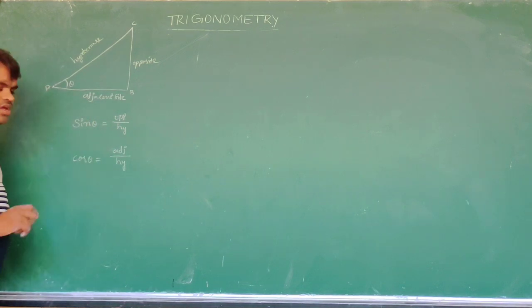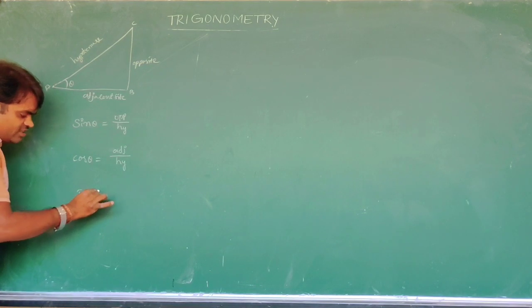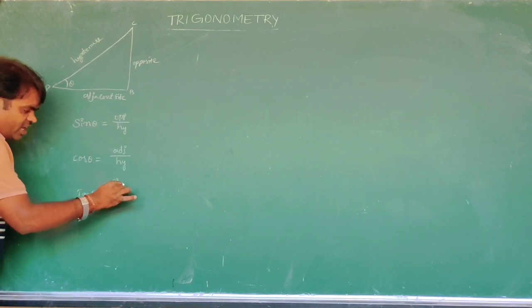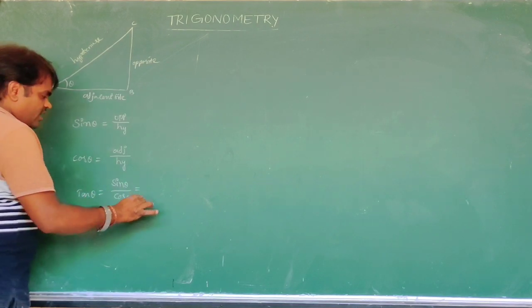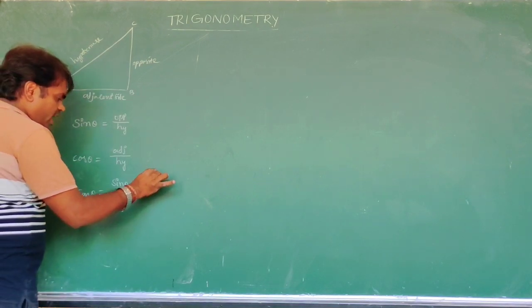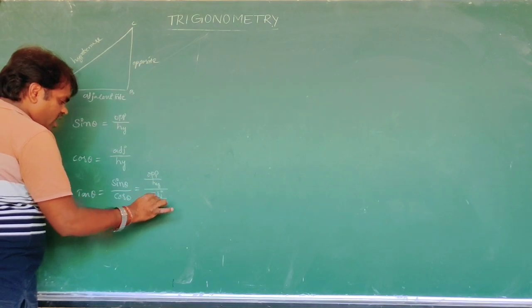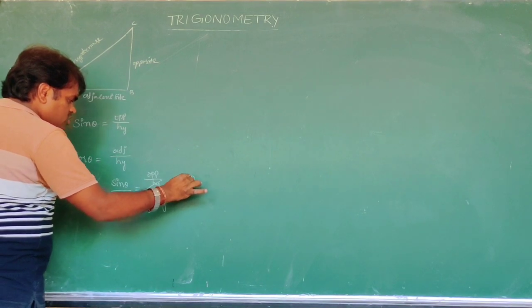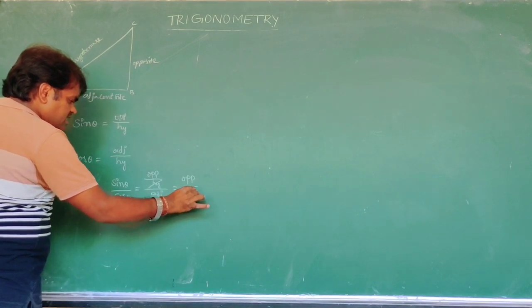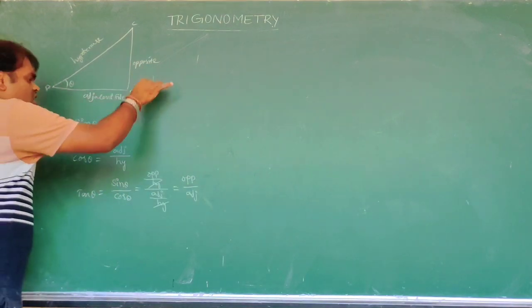Cos theta, adjacent side by hypotenuse. Tan theta is sin theta by cos theta. That is opposite by hypotenuse over adjacent side by hypotenuse. Canceling, we get opposite side by adjacent side. Very, very important this.